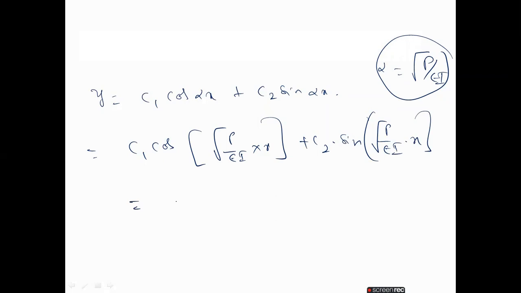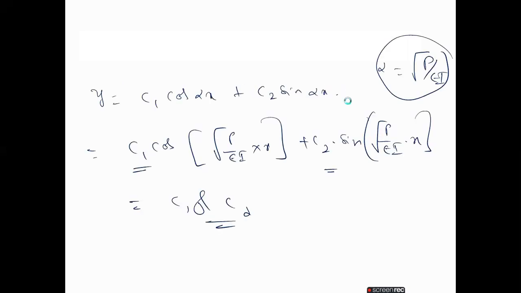Now if you observe here, C1 and C2 are the constants of integration. Now what we have to do is take the boundary conditions, the most important thing. First I will consider at point A, x equal to 0 and y equal to 0.